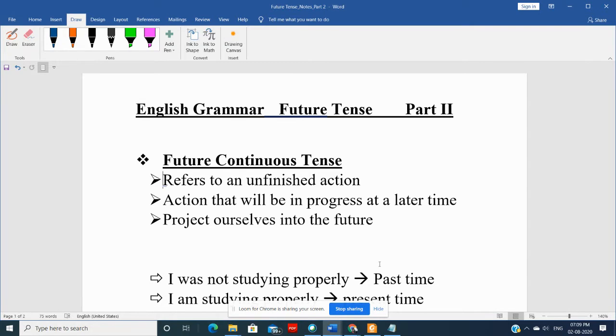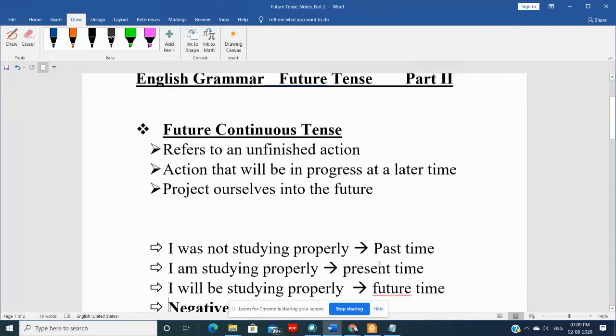So future continuous refers to an unfinished action. Why unfinished action? Because it's going on, right? It's not done yet. The action that will be in progress at a later time. With this tense, we project ourselves into future.